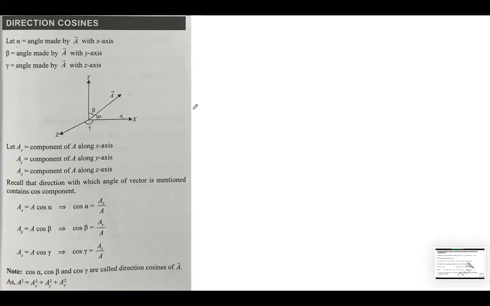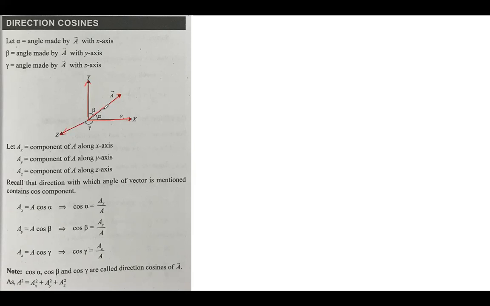Now direction cosines. In a vector, you know that the angles which the vector makes with the x, y, and z axes, the cosines of those angles are known as direction cosines. As we had seen earlier also, let's say you have this vector A and you have three coordinate axes, x axis, y axis, and z axis.